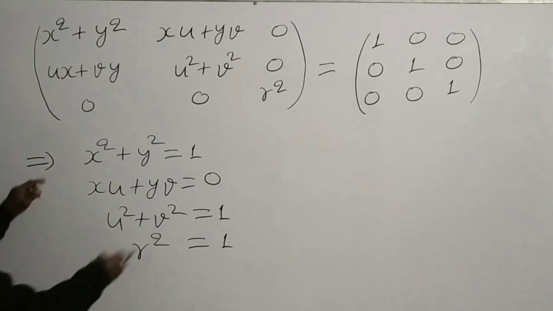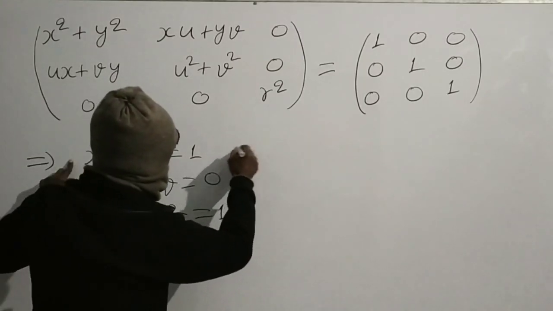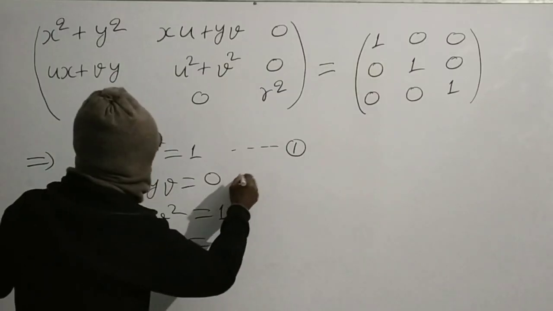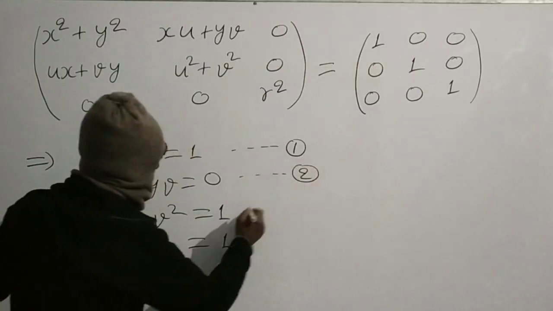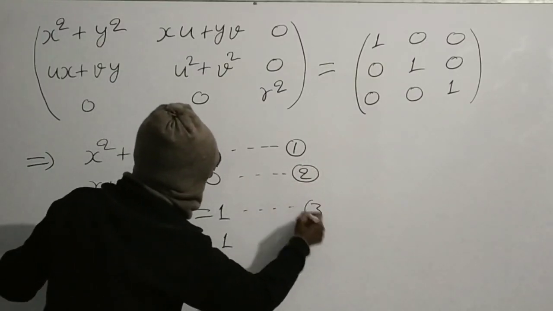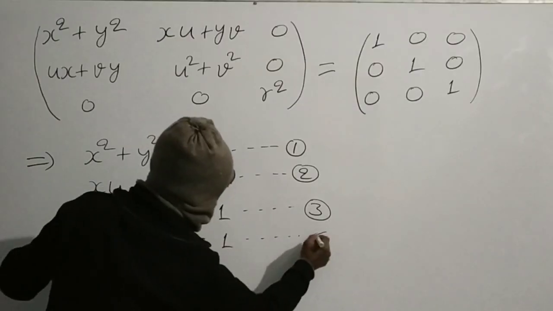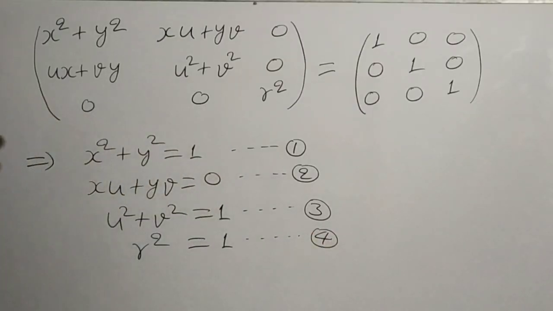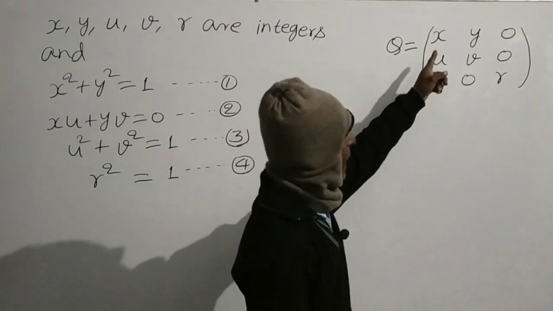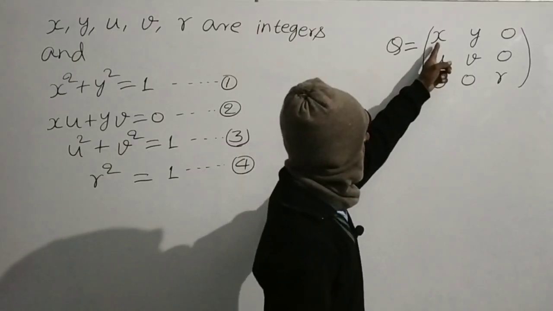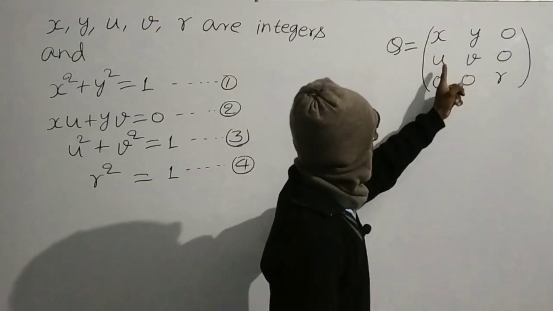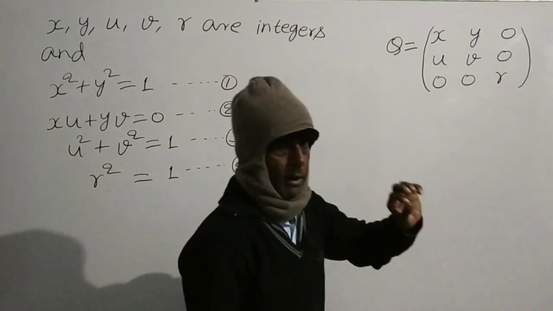Suppose this is condition number 1, this is number 2, this is number 3 and this is number 4. We have to write integers in place of x, y, u, v, r.